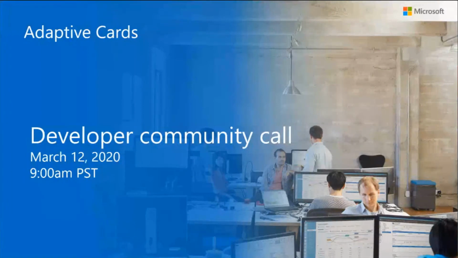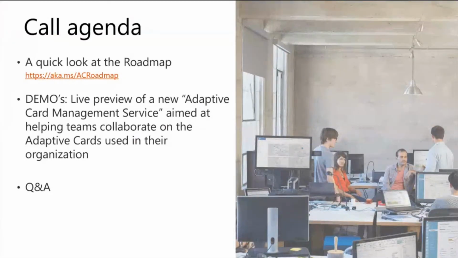So the agenda today is going to be a quick look and an update of our roadmap. We've made some changes. We've got some positive, some things that were kind of wishy-washy have been moved around a little bit. So I'll do a quick update on that. And the bulk of the call will be a kind of interactive demo.